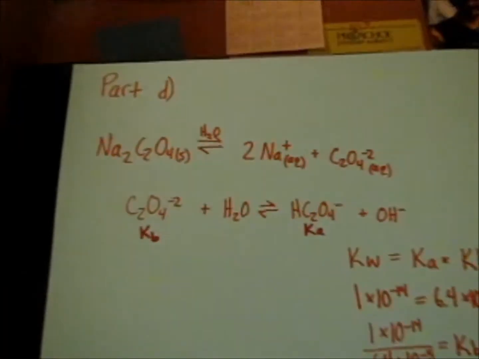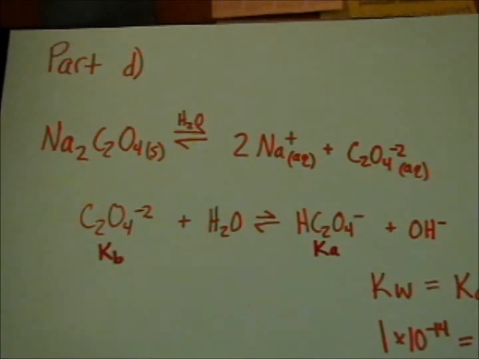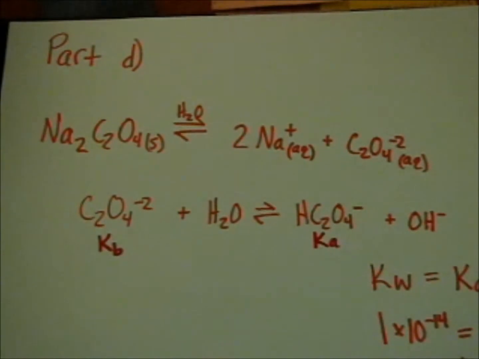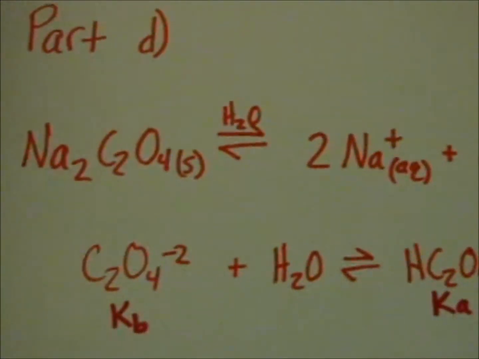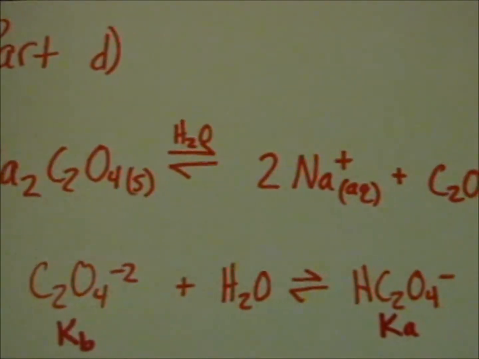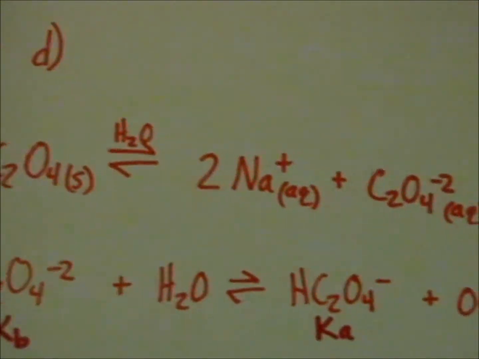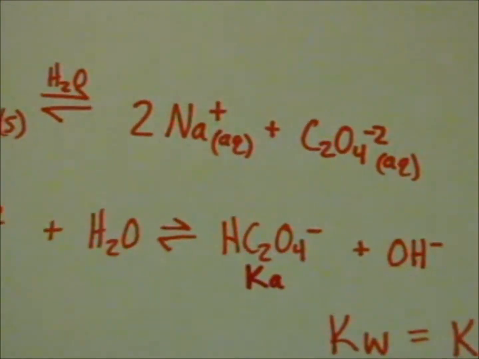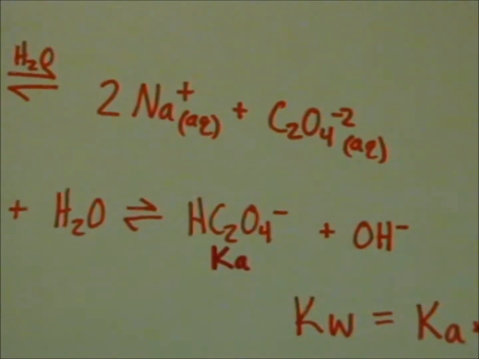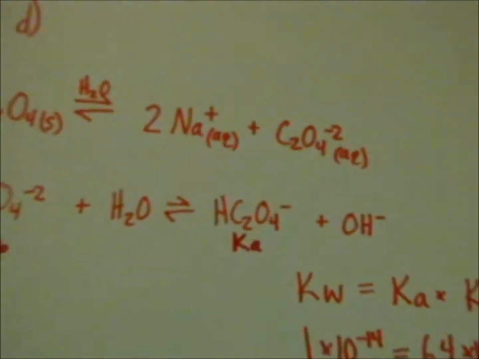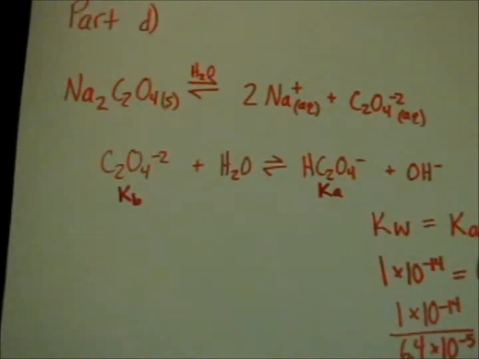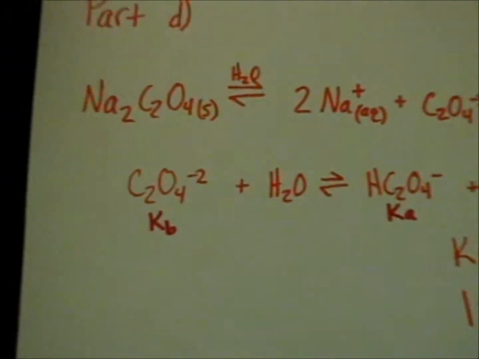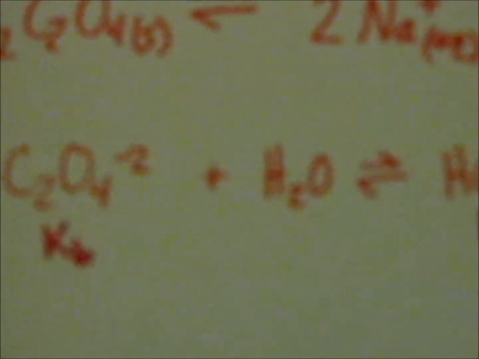Part D asks you to calculate the value of the equilibrium constant, Kb, for the reaction that occurs when solid Na2C2O4 is dissolved in water. The products of the sodium oxalate dissolved in water are shown as 2 sodium ions and 1 C2O4 negative 2 ion. The C2O4 negative 2 ion reacts with the water to produce an HC2O4 negative and an OH minus.